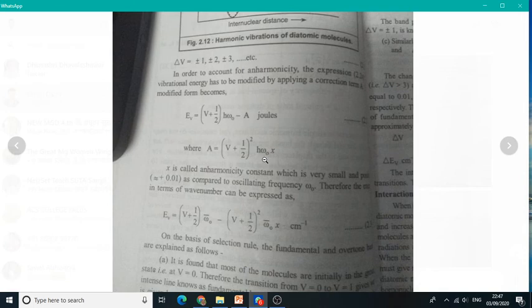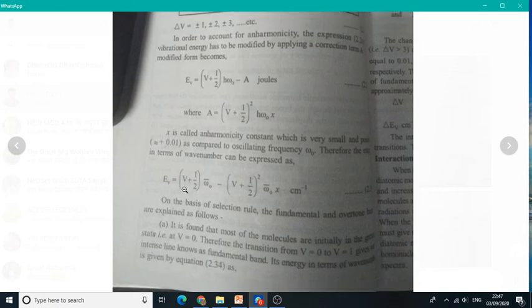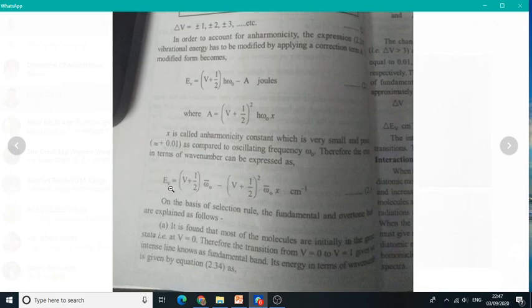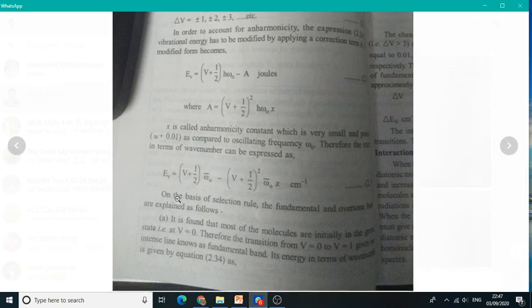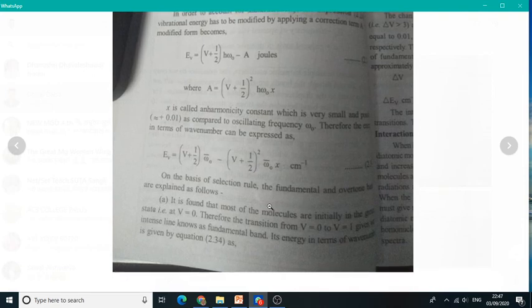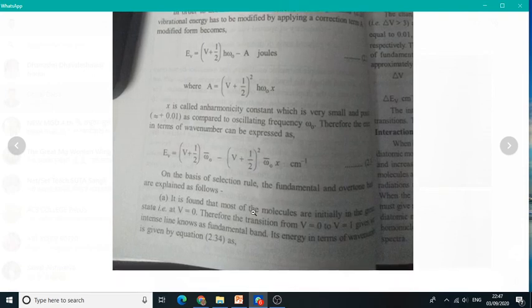Then here, by putting the phi values as 0, 1, 2 and so on, we can find the E phi values for the anharmonic oscillators also. And on the basis of the selection rule, the fundamental and overtone bands are explained here.